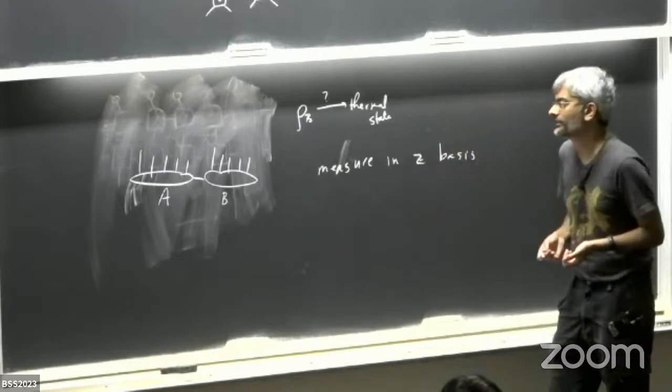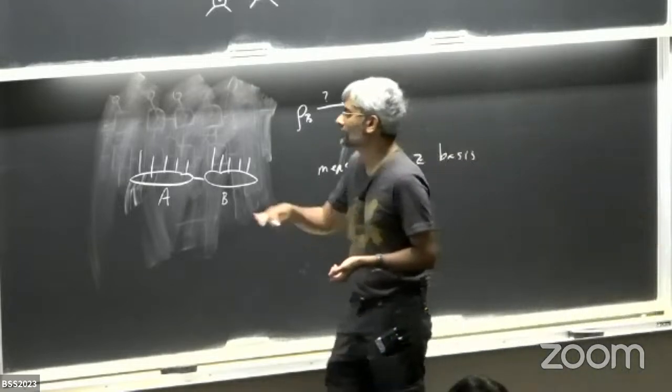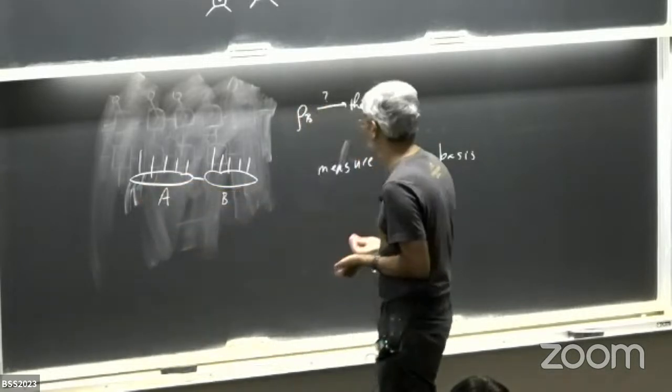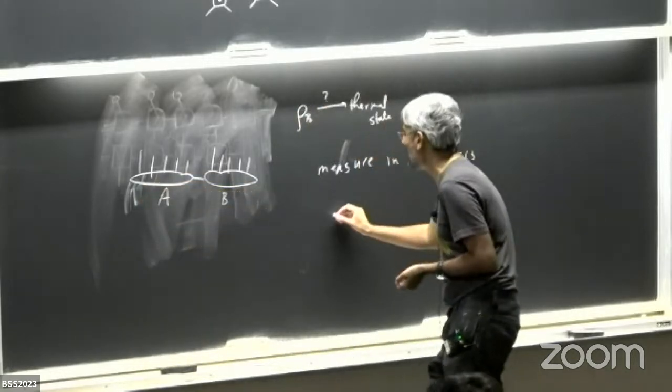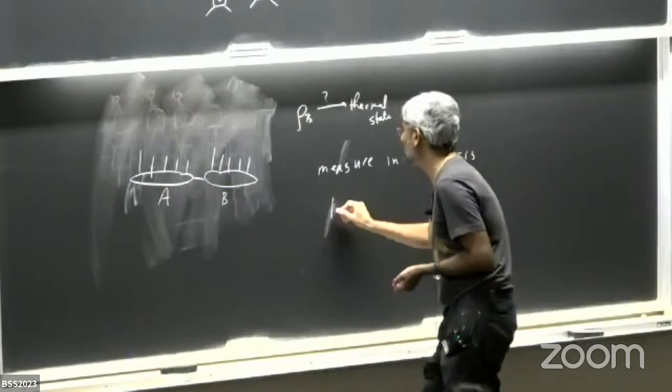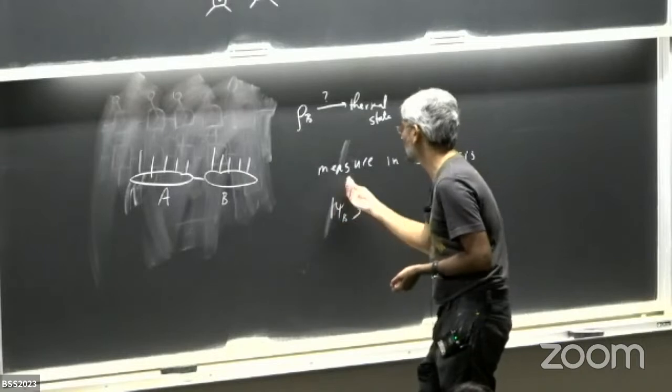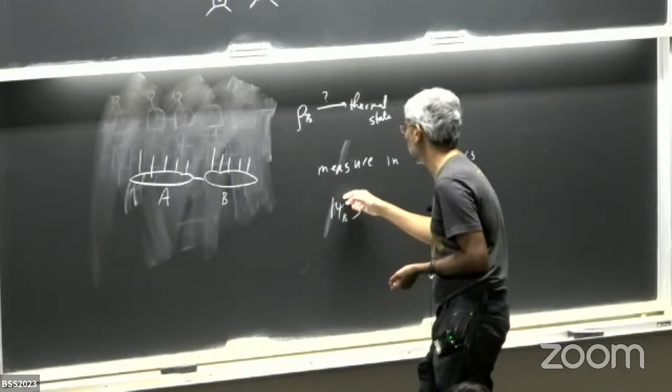What you do for deep thermalization is you measure out A. When you measure out A, you get a pure state in B corresponding to the measurement outcome.